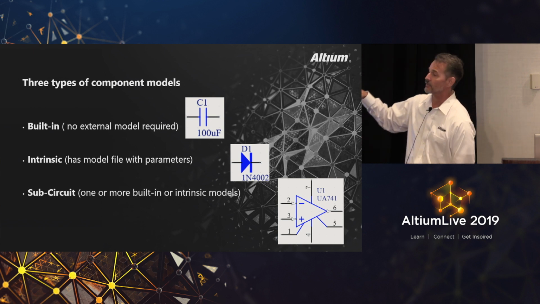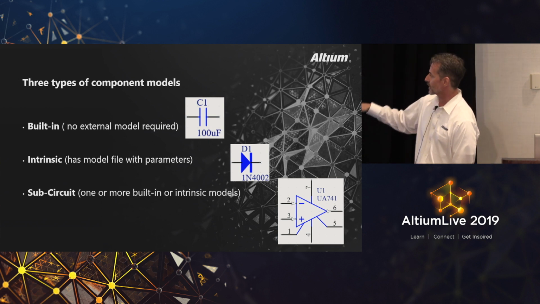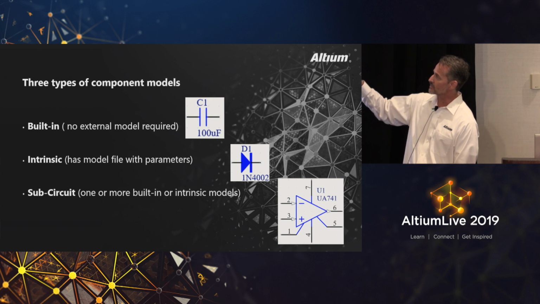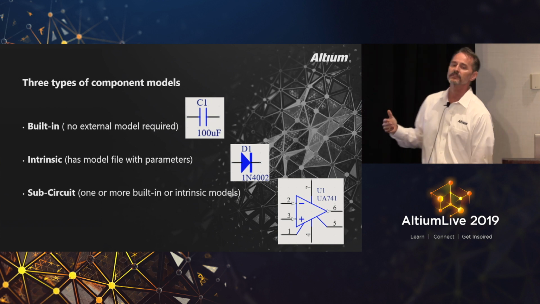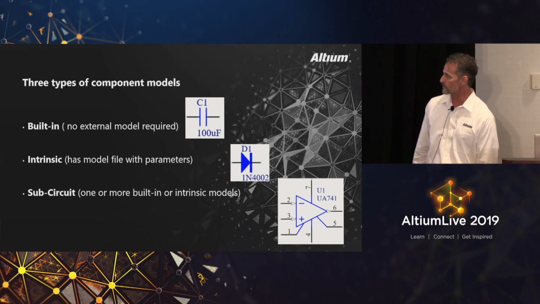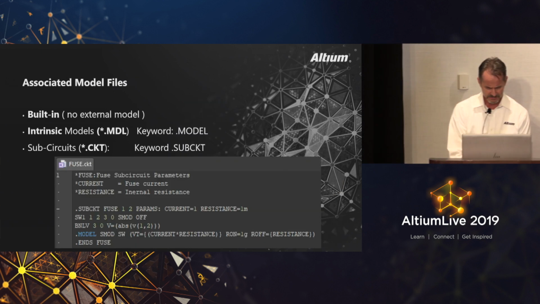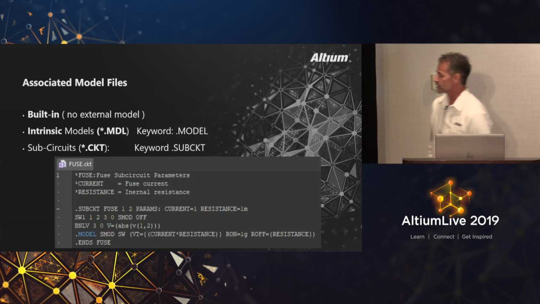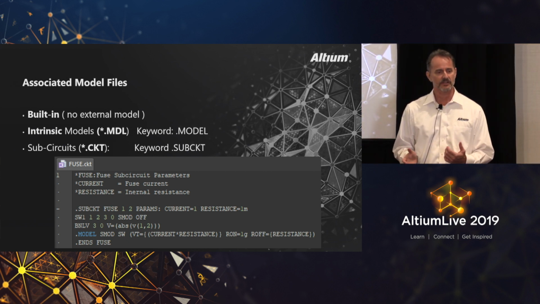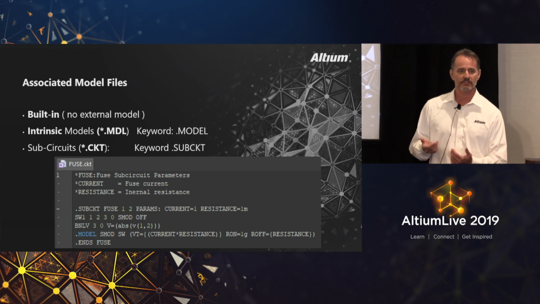So the diode will have an external model that you'd have to use, and then a subcircuit, which has its own library, which can be a collection of the built-in and intrinsic components building up a larger device to simulate a specific behavior. And so the models associated with that are going to, and it's really important, depend on the extensions that you use if you're creating your own models. So for the built-in, of course, there's no external model, you just give it a value.